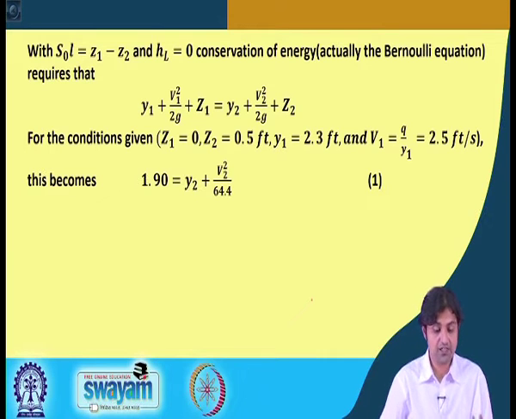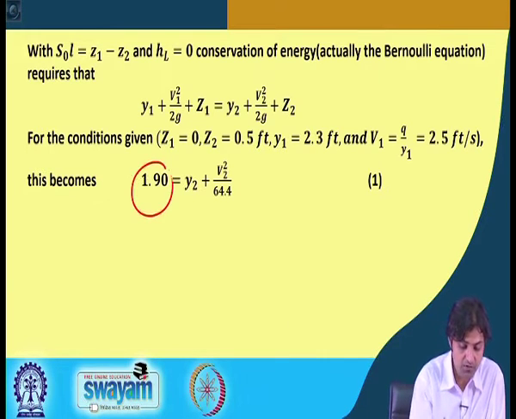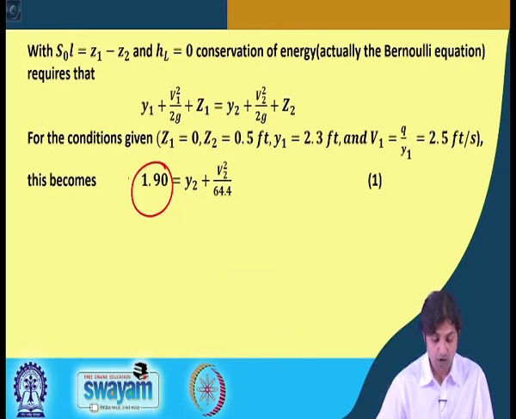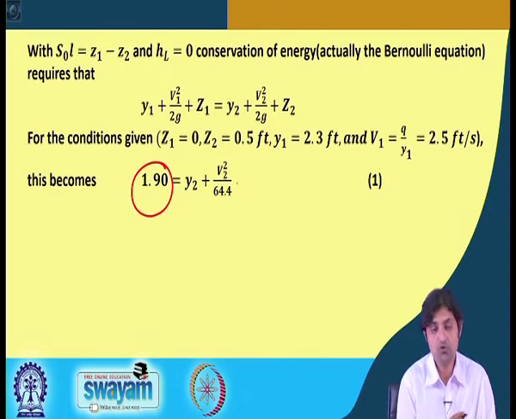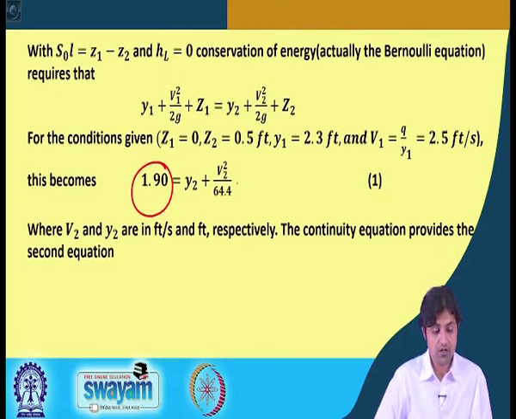Therefore, the left hand side value will turn out to be 1.90. y2 we do not know, and v2 square also we do not know, but other values we know. We have substituted the values in this FPS unit, where v2 and y2 are in feet per second and feet respectively.